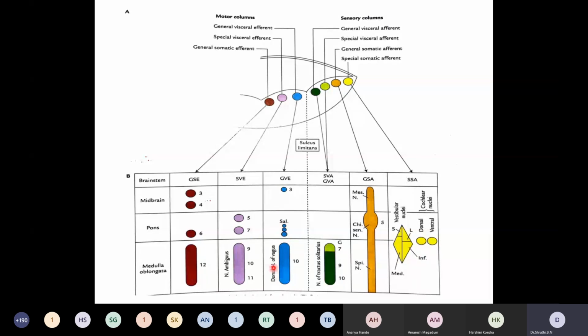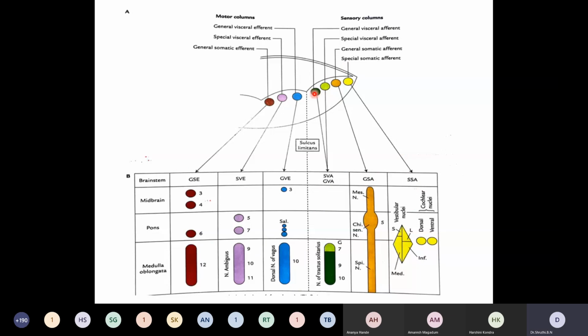Then at the lower part, we have the inferior salivary nucleus and also the dorsal nucleus of the vagus nerve. Which gland does the dorsal nucleus of the vagus supply? Parotid gland. So these are the three things you get in the basal lamina. Next is the sulcus limitans, which divides the motor column from the sensory column.